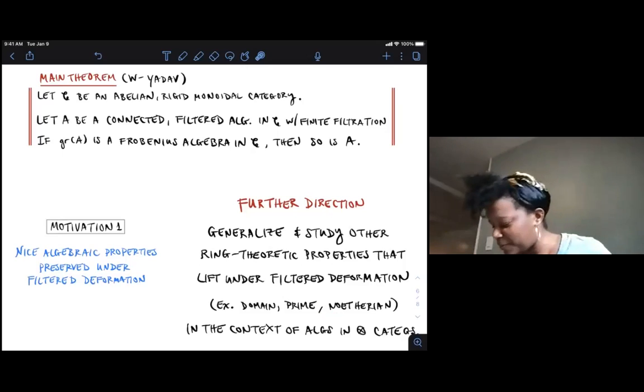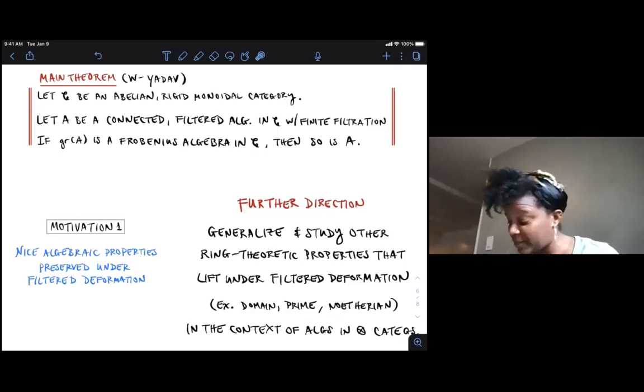I think this could be done. So the question now is, first of all, define these notions in a categorical context and study when they are preserved under filtered deformation as we laid out above. We've done this for Frobenius algebras. What about other properties as well?